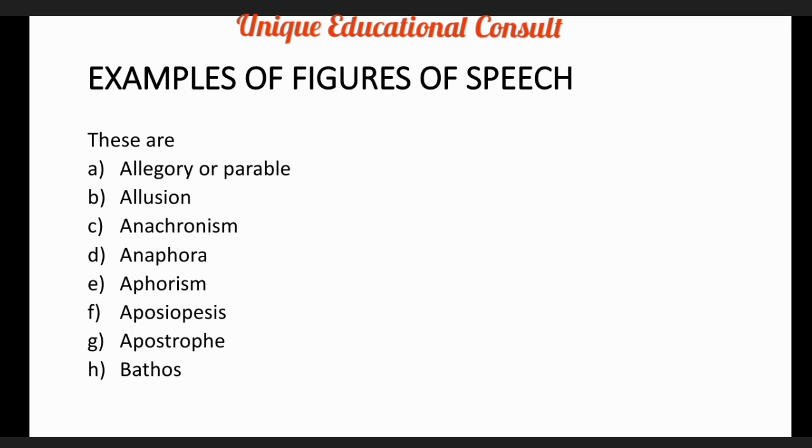Another one on the list is allusion. This is always contained in an expression where a reference is made to some historical events or activities that had either taken place in the Bible or also in the Quran, or in the classical ages of the Greek civilization, that is the period of the Greek civilized world.